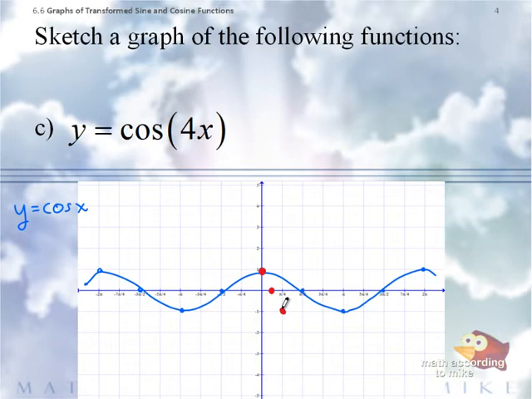And 2 pi divided by 4. Oh, I'm sorry, I skipped one. 3 pi over 2 divided by 4. 3 pi over 8, which is right here. And now 2 pi divided by 4.